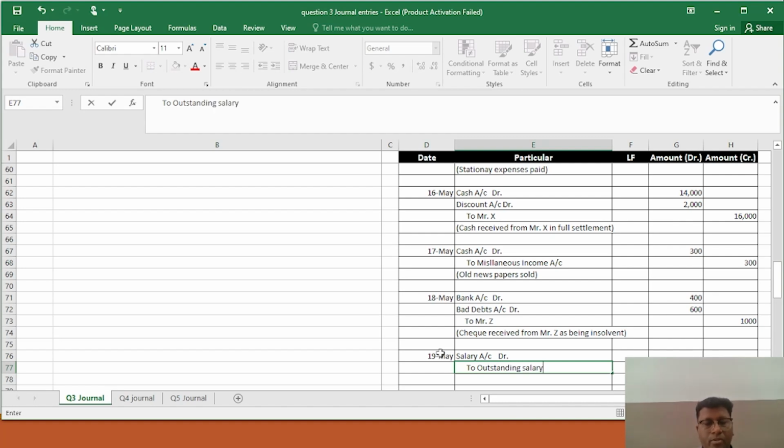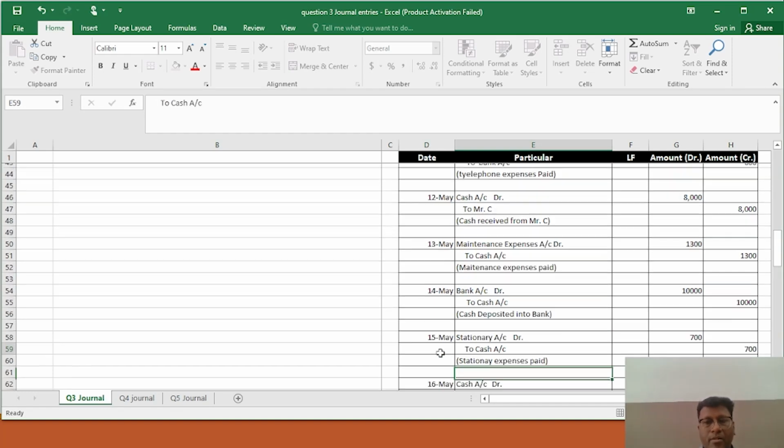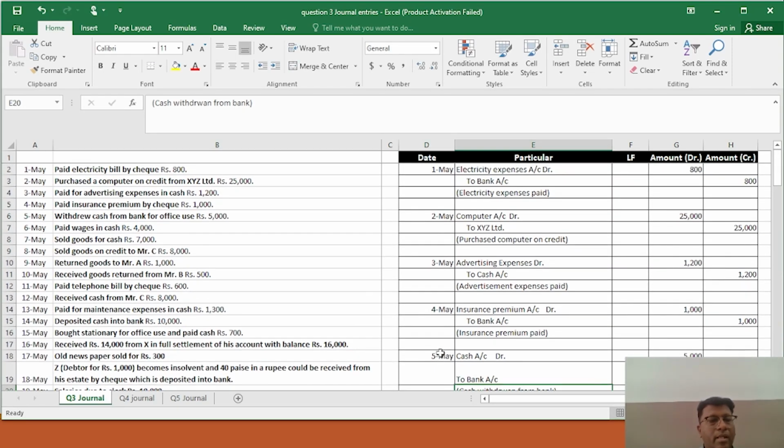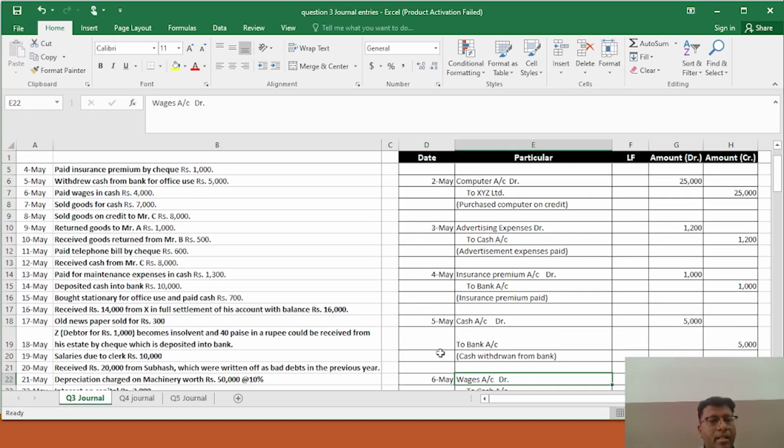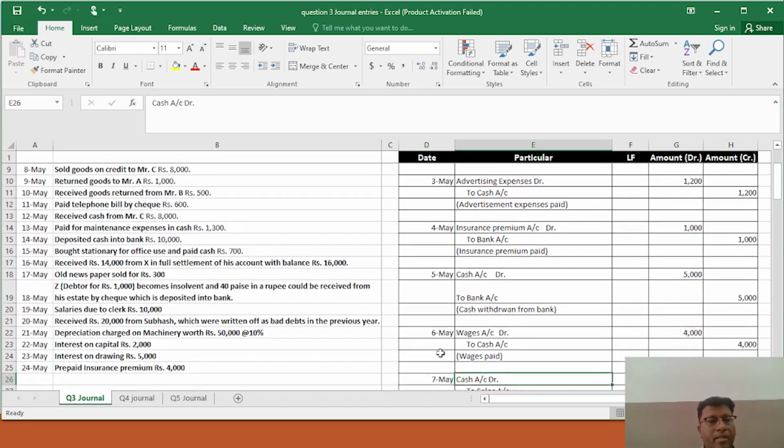Outstanding salary account, right? So on 19th May, you see that this is the particular case. The salary is due to the clerk, rupees 10,000.